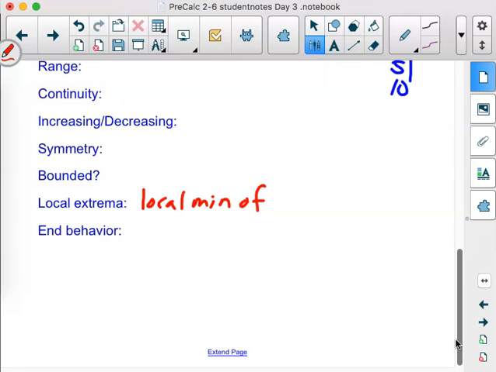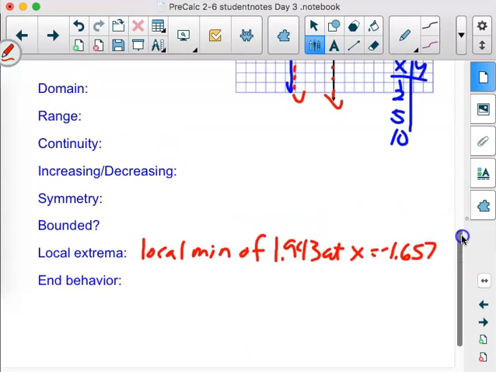Local min of, what was it again? 1.943 at x equals -1.657. All right.